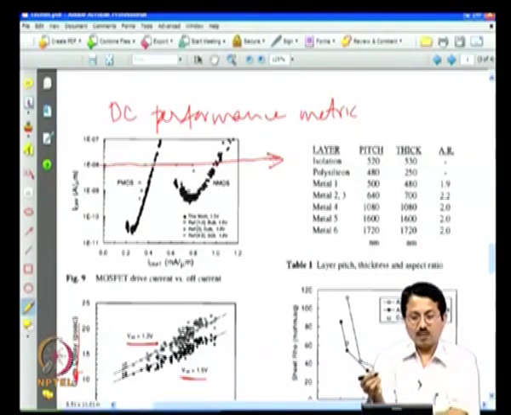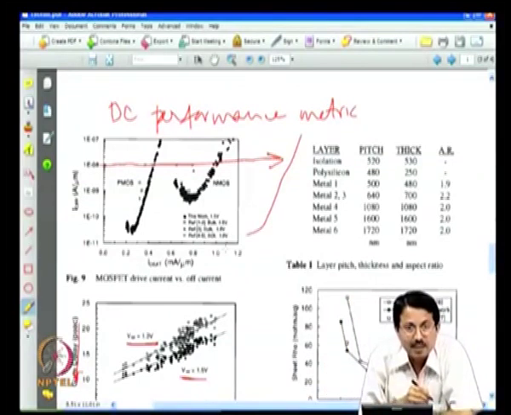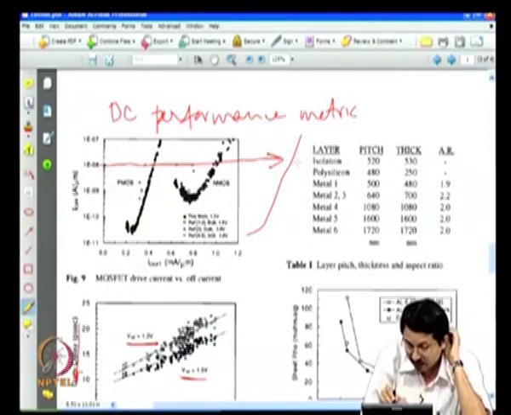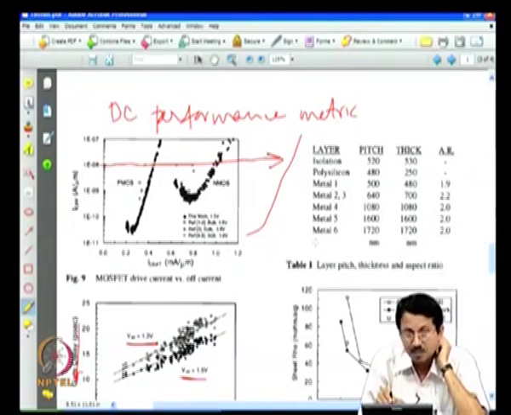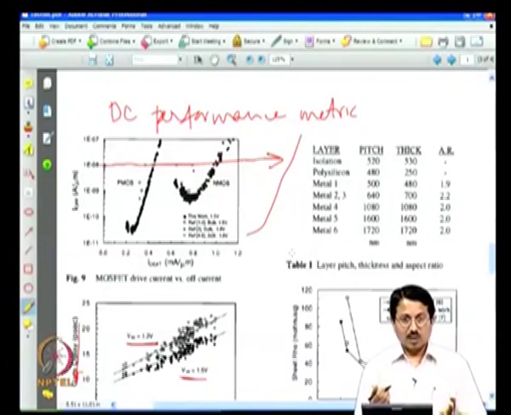If you have two technologies, for example, if I have a new technology which looks like this, it is a much better transistor, because for the same leakage current it is giving you much better on state current, right. On state current is much larger, so your on to off current ratio is huge, so it will be less leaky, it will not consume large static power, and at the same time it will be very fast, right.